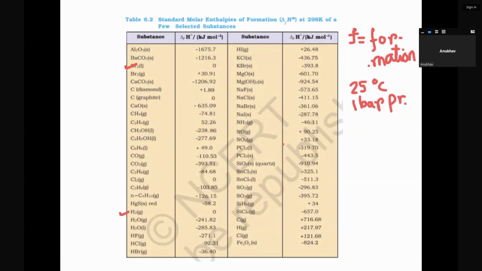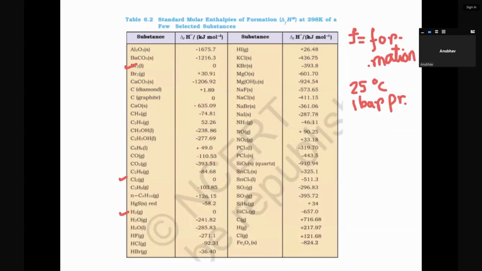We have another gas which has a delta_f H° equal to 0, that is Cl2. On the right hand side, you can see we have Fe2O3, chlorine monoatomic gas, H gas, carbon gas, SiCl4, and likewise we have many such substances. We have the delta_f H° values of these too.